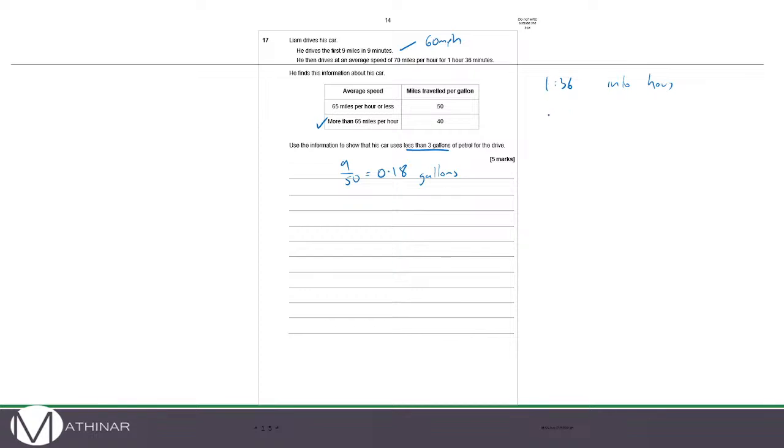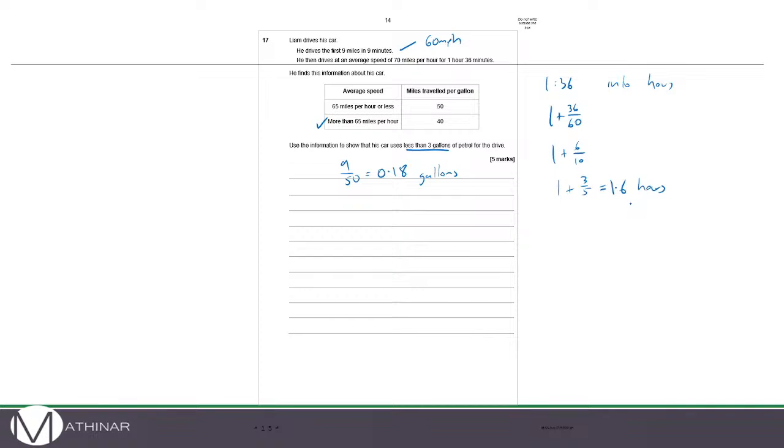Well, 1 hour is 1 hour, and 36 minutes is 36 out of 60. So put plus there, 1 plus, and then what does 36 over 60 simplify to, or what is it as a decimal? Well, let's simplify it. Divide by 6, 6 over 10. So 1 and 6 over 10, or simplify even further, 1 and 3/5. 3/5 is 0.6, so this is 1.6 hours.